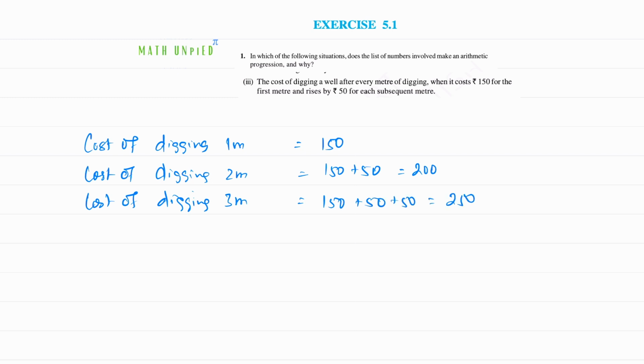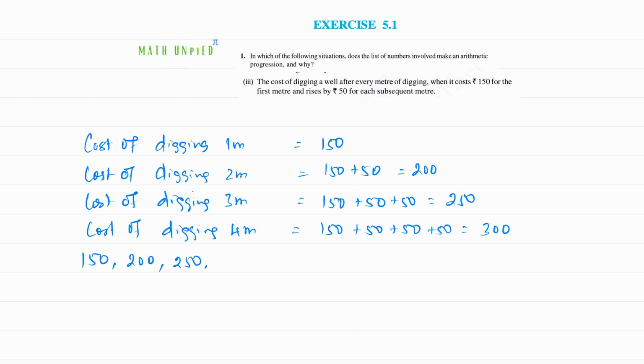So we can add one more term. Cost of digging 4 meters will be 150 plus 50 plus 50 plus another 50, which is equal to 300 rupees. Now let's form the sequence. The sequence will be 150, 200, 250, 300, and so on.